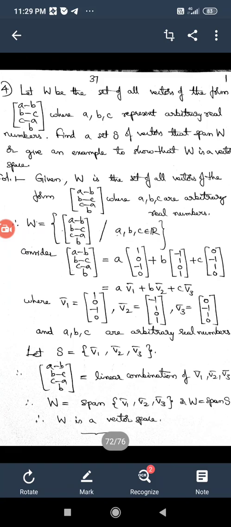In fact, W is a subspace of R4, and we can understand that W itself, being a subspace, is itself a vector space.